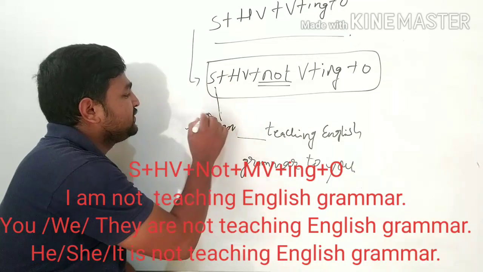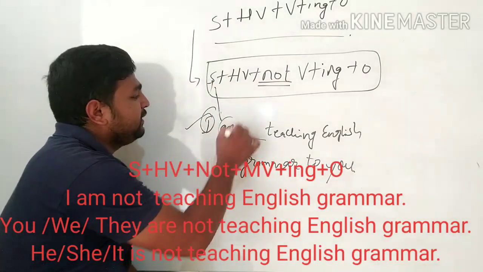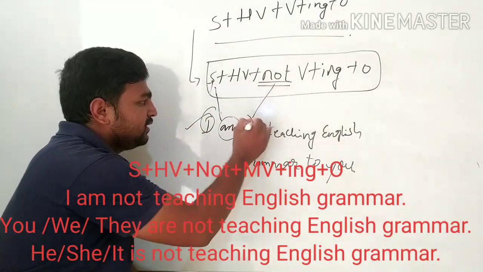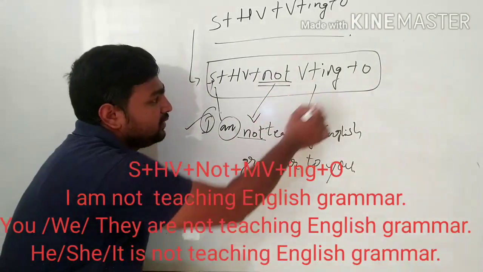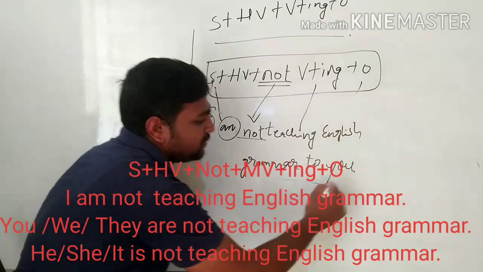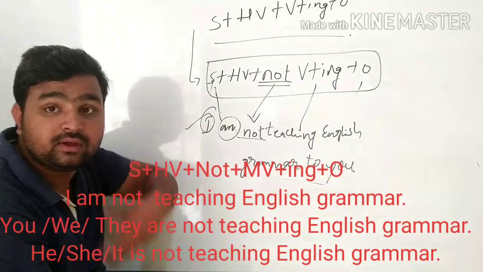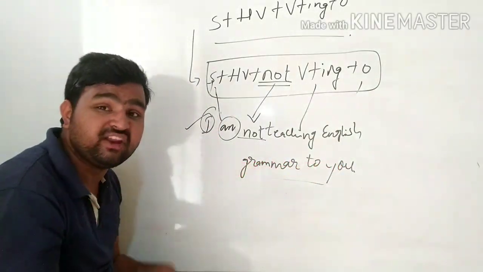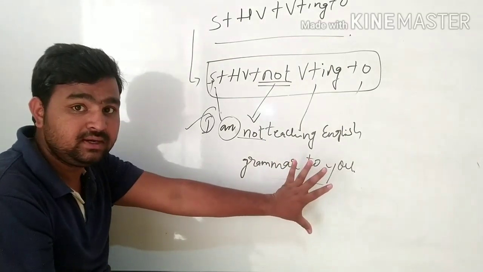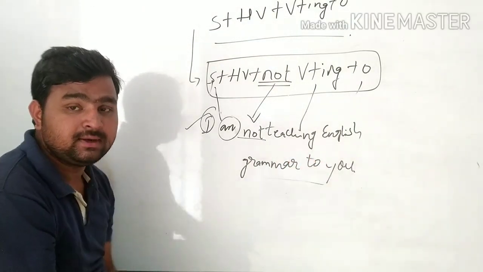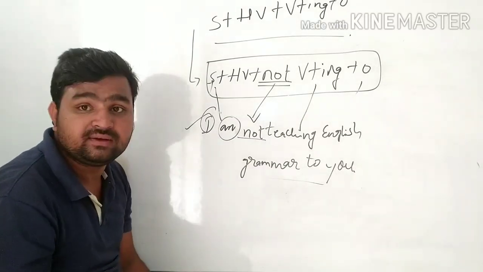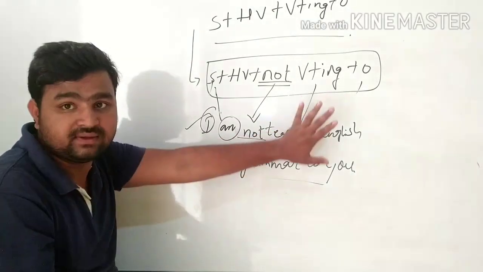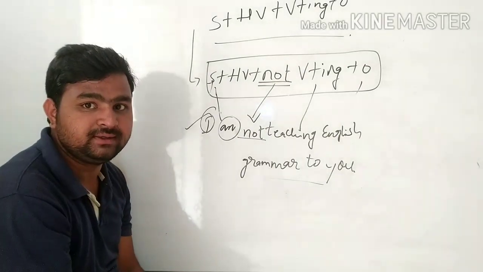Subject, helping verb, yes, we have to bring not here, then main verb, then object, right? This is the syntax or structure of framing a negative sentence. I hope you are clear with this, right? After watching this video, I want you to frame some more sentences to be perfect in this, right? I hope you will all do that, right?